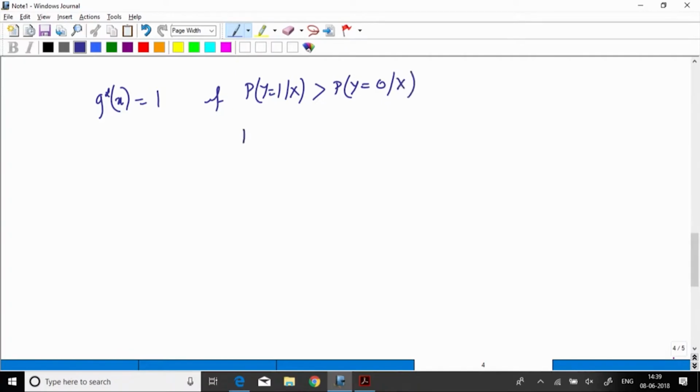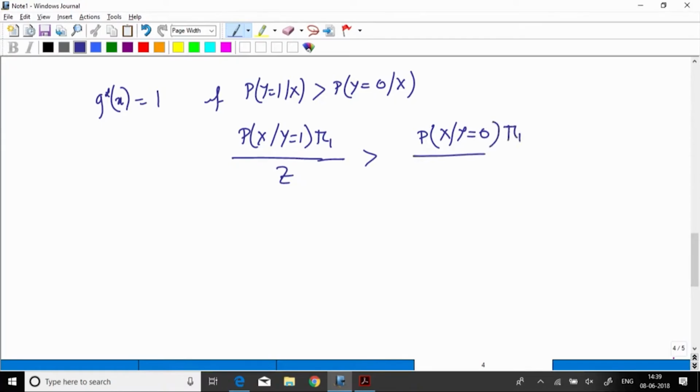If we apply the Bayes rule here, it will be something like this.